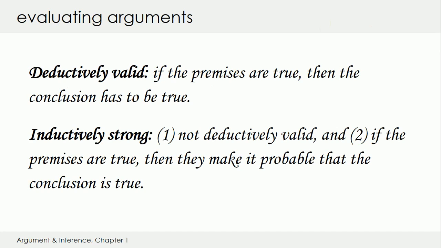To go over these again, deductively valid: if we assume the premises are true, then the conclusion has to be true. It follows necessarily. Inductively strong: if the argument is not deductively valid, but if the premises are true, then they make it probable that the conclusion is true. Okay?